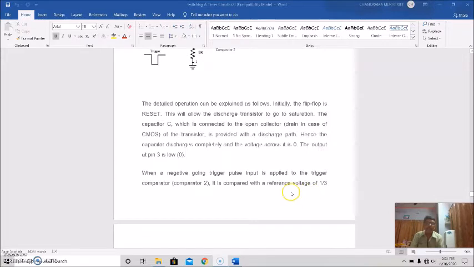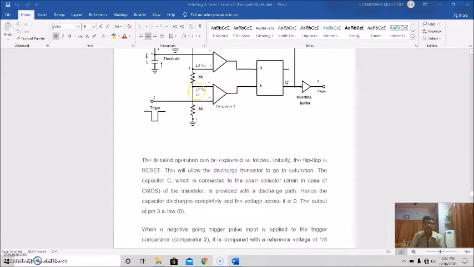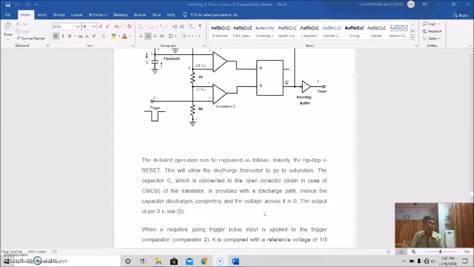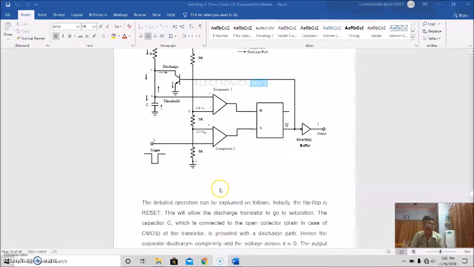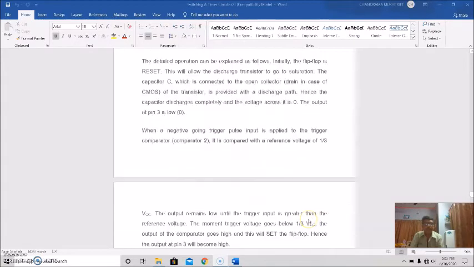When a negative going trigger pulse is applied to the trigger comparator, comparator 2, it is compared with the reference voltage of 1/3 VCC. This negative going pulse is applied to the inverting terminal, and this is the reference voltage of 1/3 VCC.